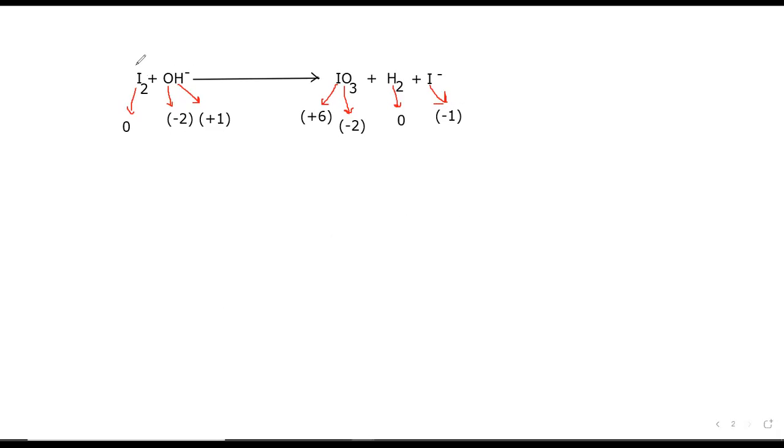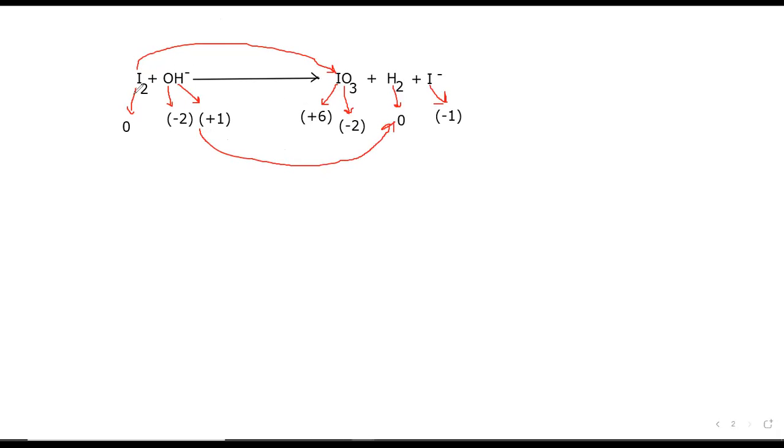When you compare the iodine from here all the way to here, you notice that it has moved from 0 to +6, right? And then you have this hydrogen here, okay? It has moved all the way from here to here, so it has moved from 1 to about 0.